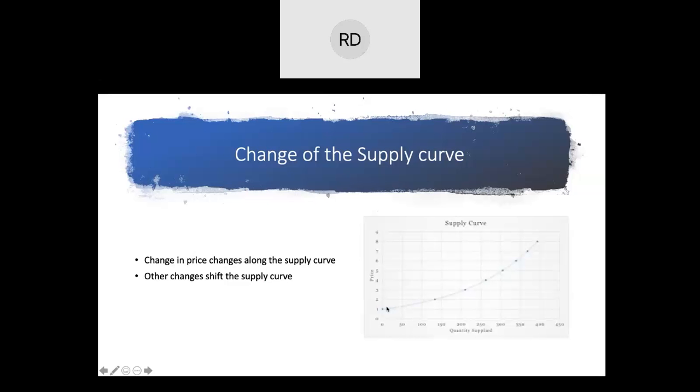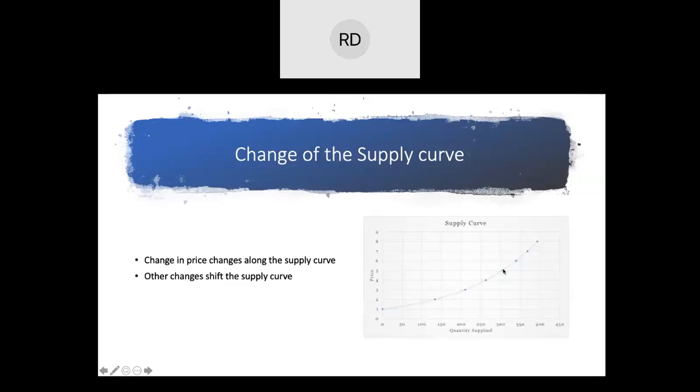So if we have, let's say, orange juice price at $1, at $1 we have zero supply, and then at $4 we have maybe 360 quantity supplied, right? So that is what a change in price does. A change in price just moves along the supply curve.